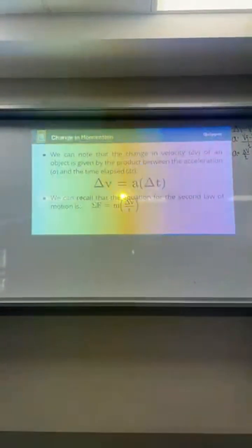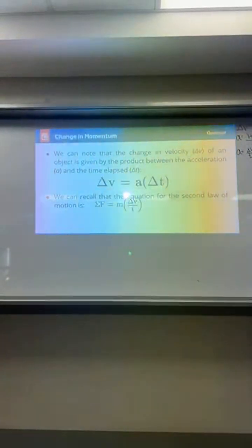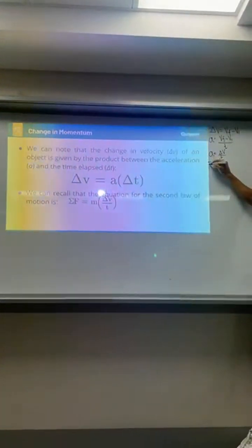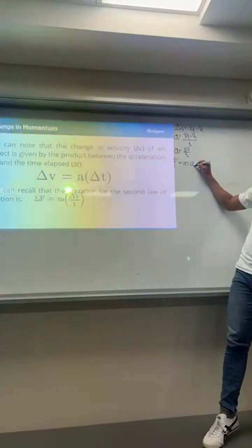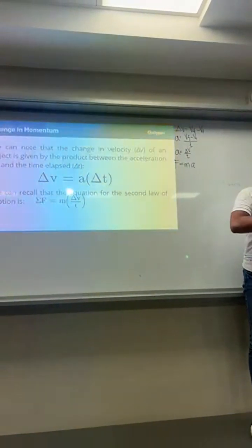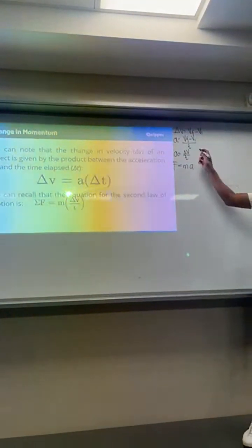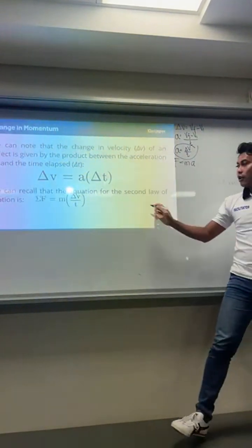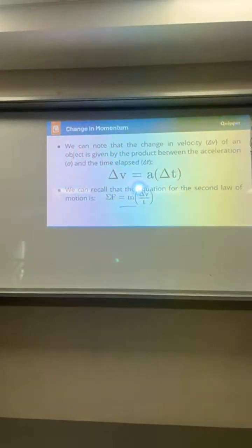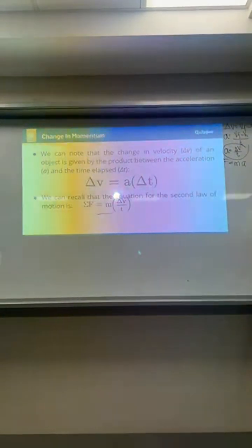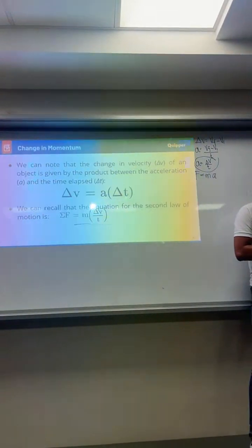And also, if you can recall our lesson about the formula of force, the formula of force is mass times acceleration. Substituting the value of acceleration based on this, we get this. So, it is just derived.